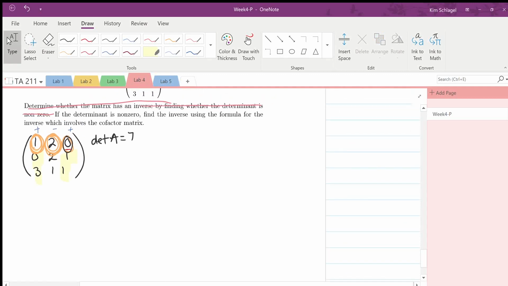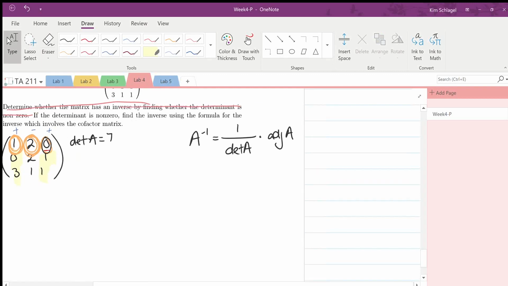You guys probably have been given the formula in which it states that A inverse is equal to 1 over the determinant of A multiplied by the adjugate of A. Okay, so the adjugate of A is just the transpose of the cofactor matrix, which means that we have to find the cofactor matrix.